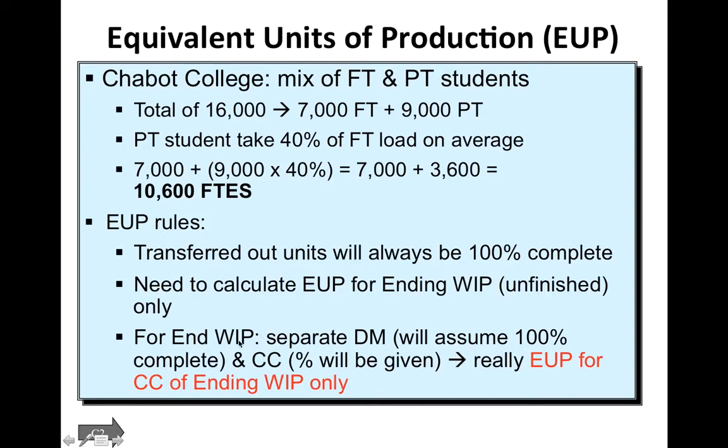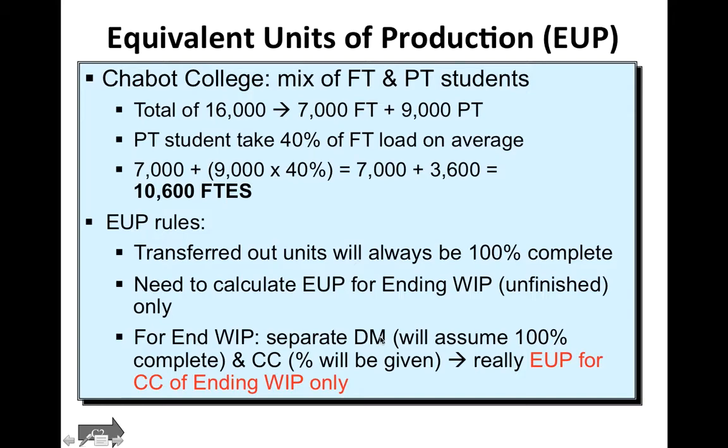And for the ending WIP, we will always separate direct materials and conversion costs, as I mentioned before. We will assume, which is not necessarily always the case, but all examples in this textbook will always assume that my ending WIP units are 100% complete in regards to direct materials.